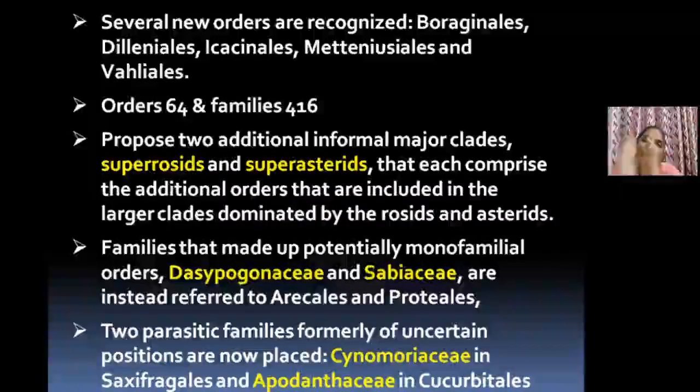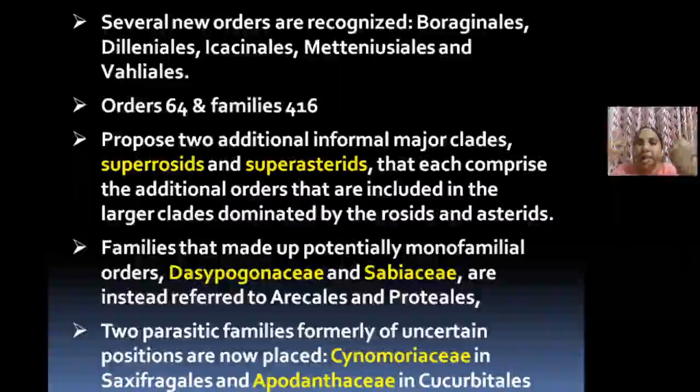So what are the important modifications? Introduction of new orders, Boraginales, Dilleniales, etc. Then the family number raised to 416, orders 64. Then 2 additional major clades. What are they? Superrosids and superasterids. Clear? And including additional orders also.